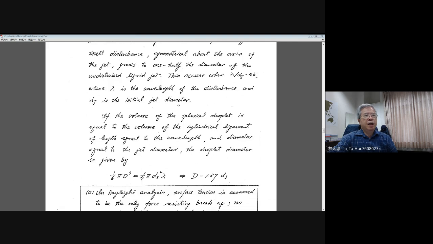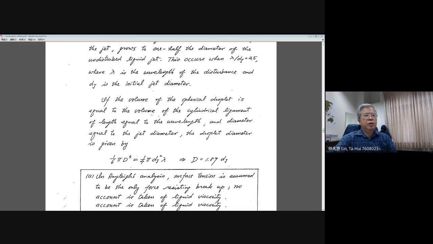Under these conditions, when you break a current of liquid, you can calculate the total volume of the current. This is the cross section of your liquid current, and lambda is the wavelength. You already cut it and try to form a droplet.